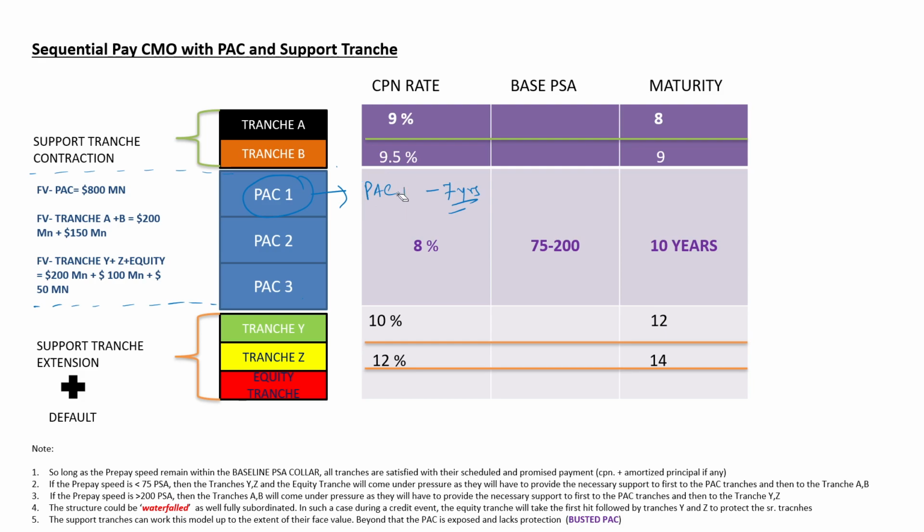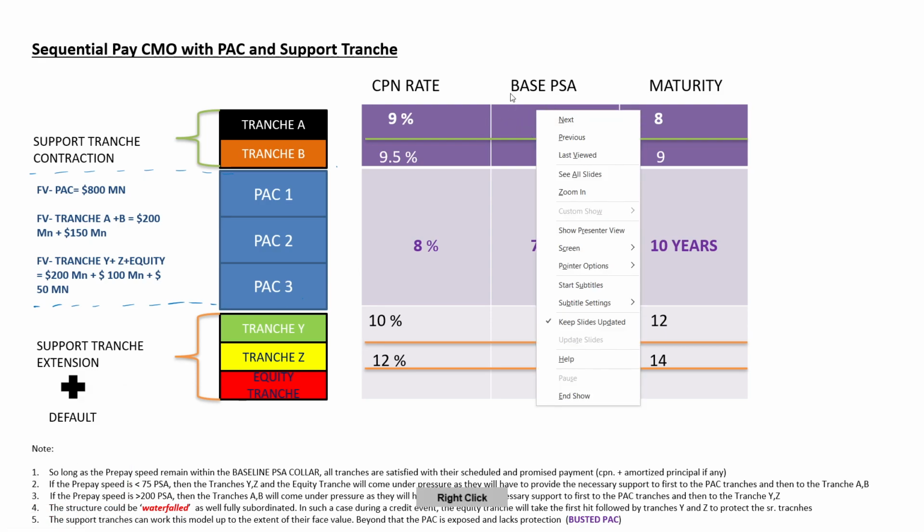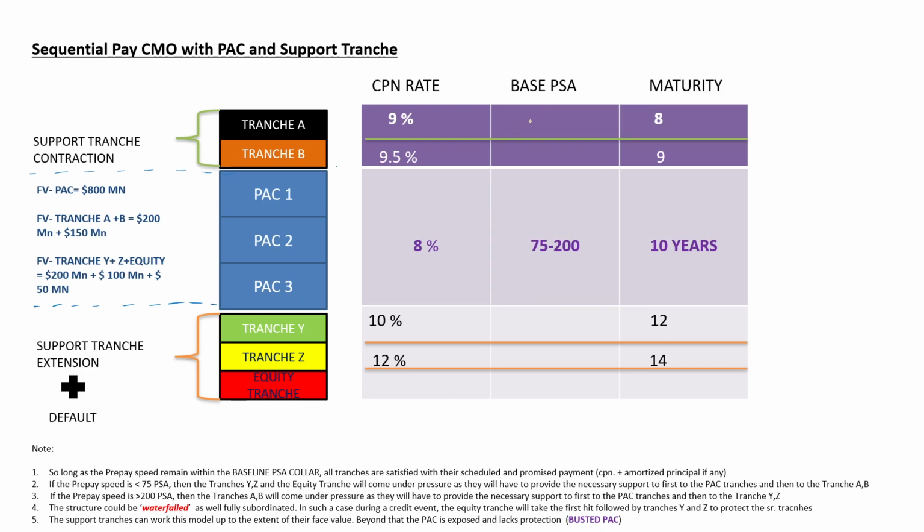So in this example, as we have said before, let's say the prepay speed is 250 PSA, or let's say 300 PSA.